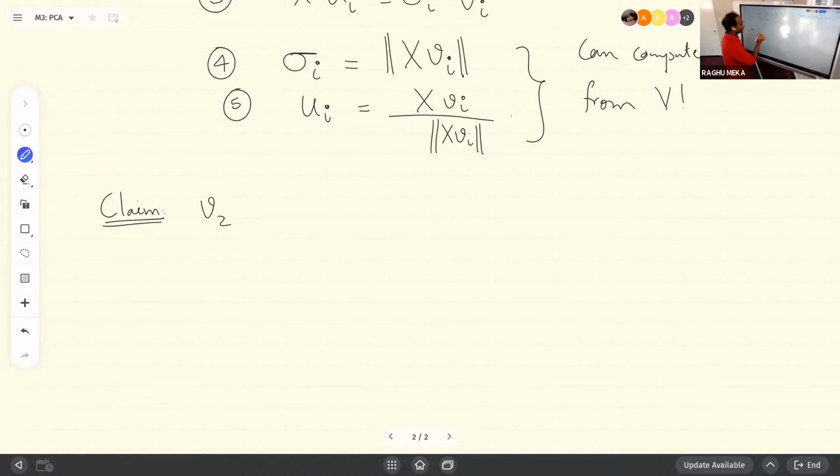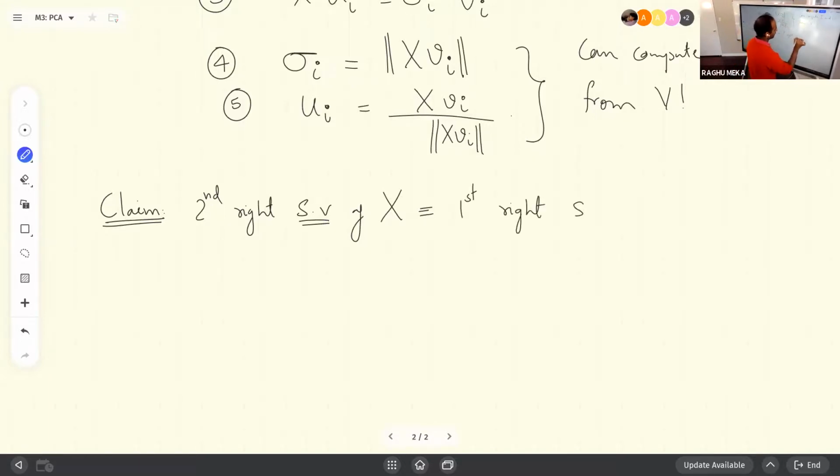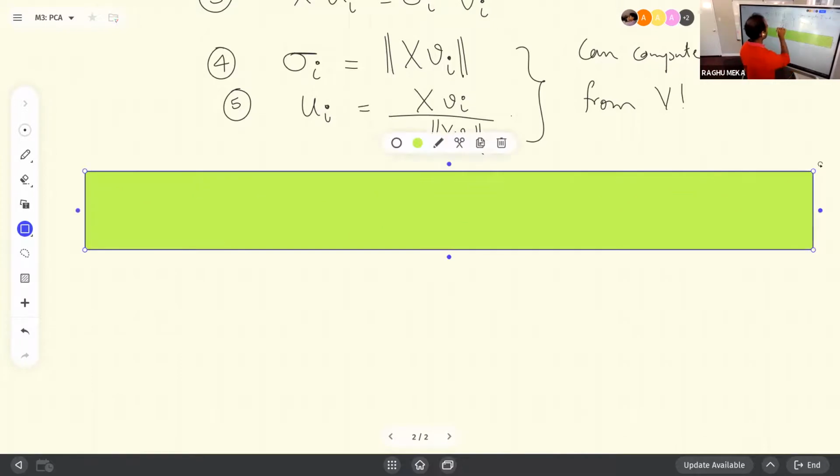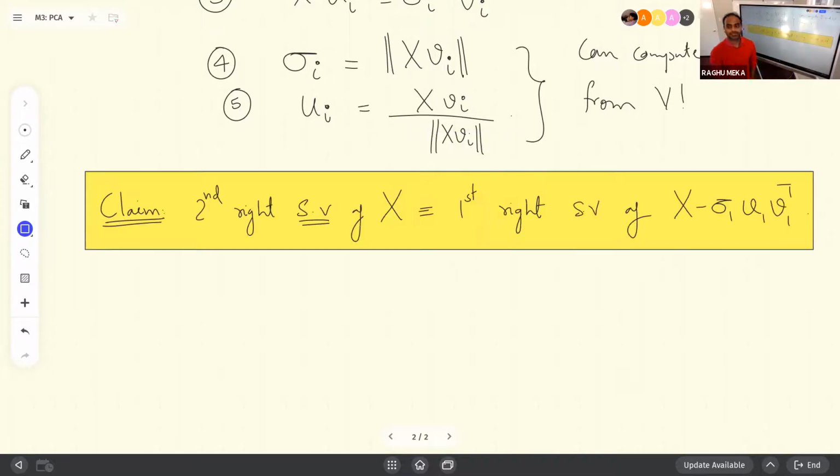So V2, or we say the second right singular vector of X, is equivalent to the first right singular vector of X minus sigma 1 u1 v1 transpose.